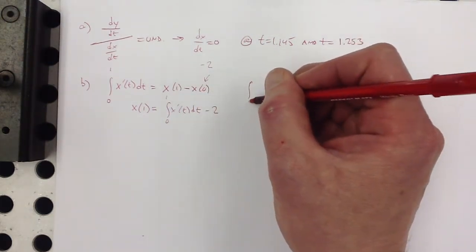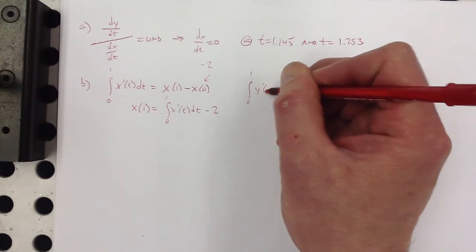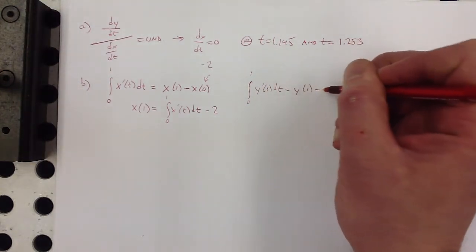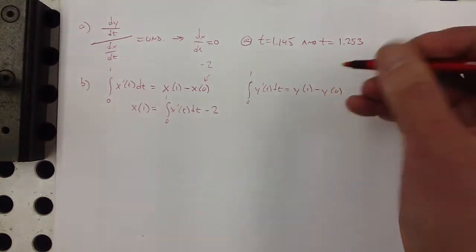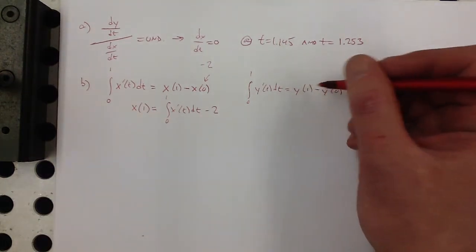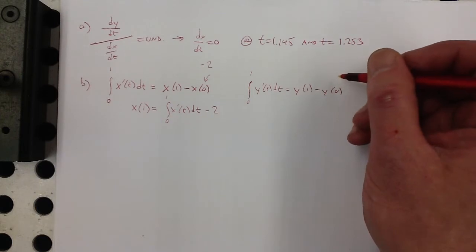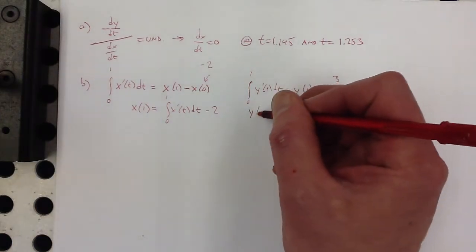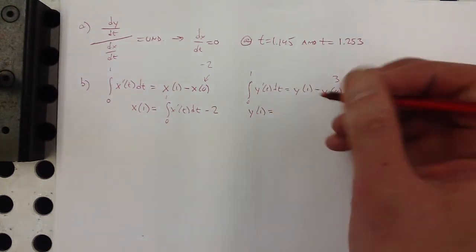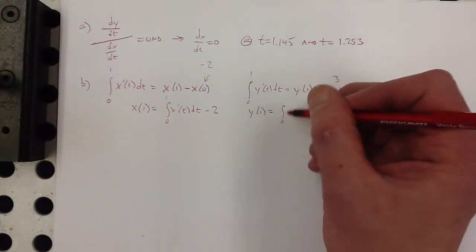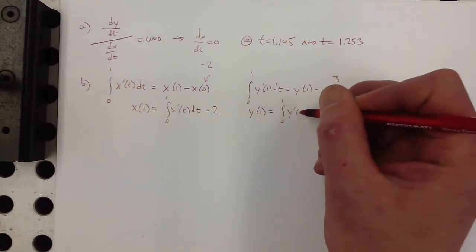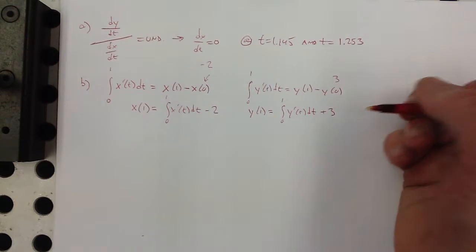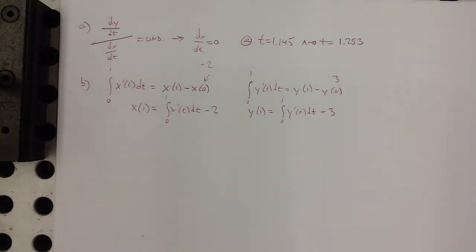And then the integral from 0 to 1 of y prime of t dt would be y of 1 minus y of 0. So y of 1 is what I'm looking for. y of 0 is 3, so minus 3. So my y coordinate is going to be that integral, which I'll do with my calculator in a minute, plus 3. Right?